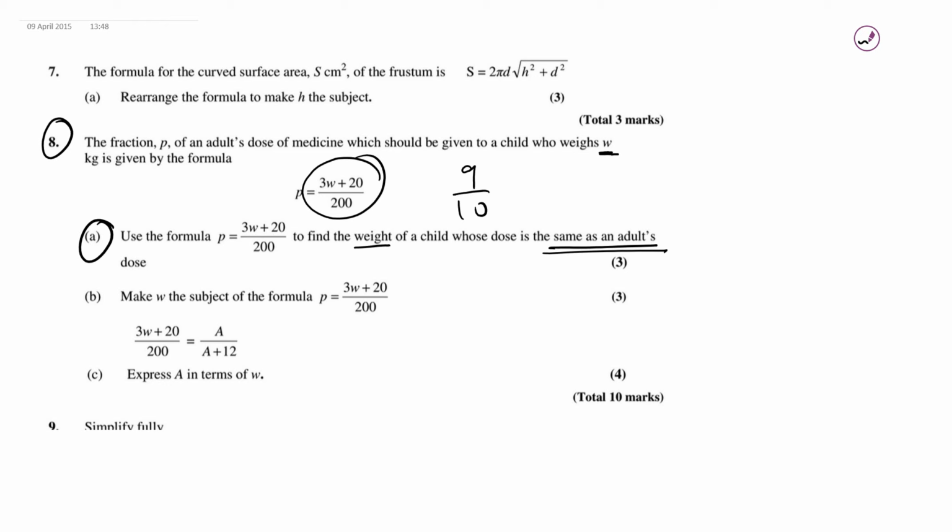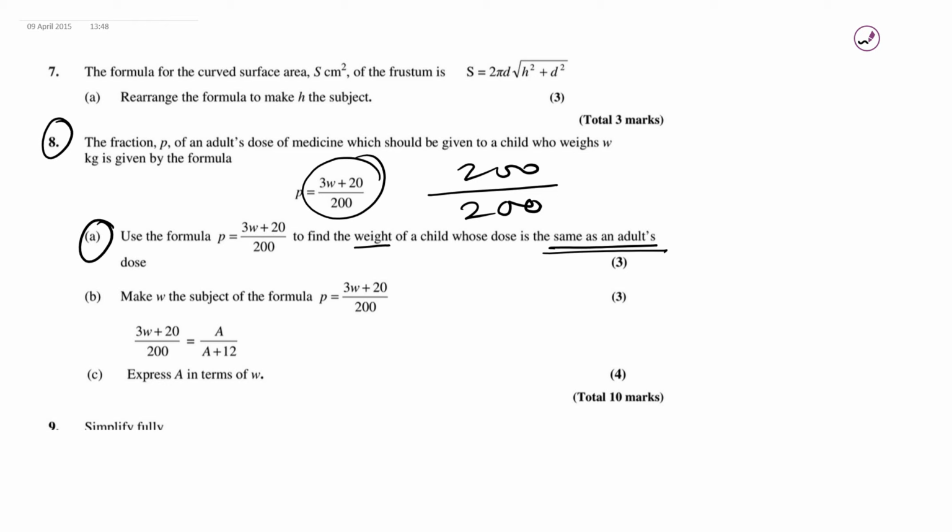If it was like 99 out of 100, that would be really close, but not even then would it be exactly. I'm trying to build it up, I'm trying to give you clues. What fraction are we talking about? And it's got to be over 200. Should it be so that fraction makes it that the kid gets the same as an adult? 200. Exactly. So now suddenly it's become really, really easy.